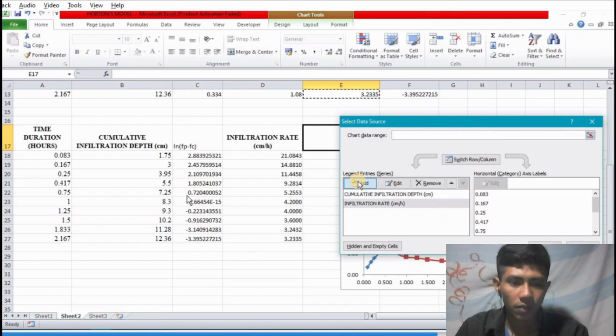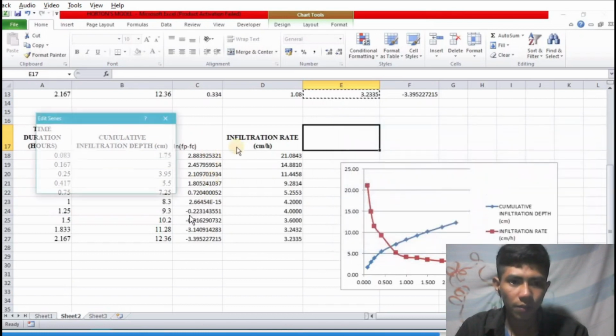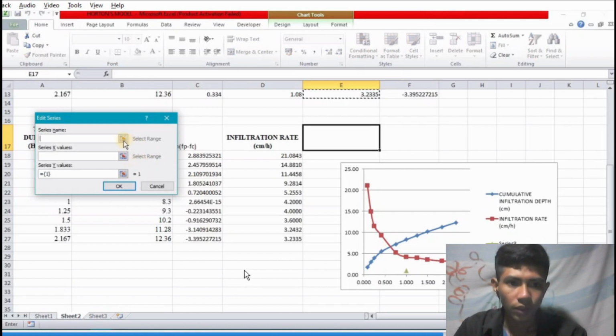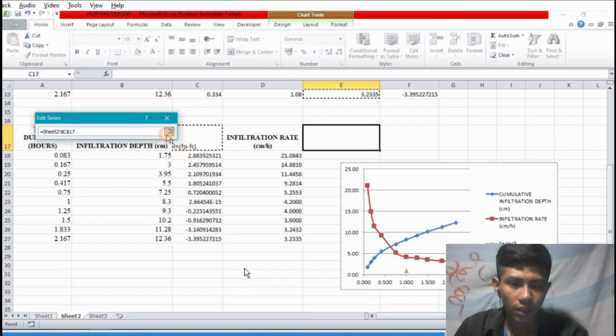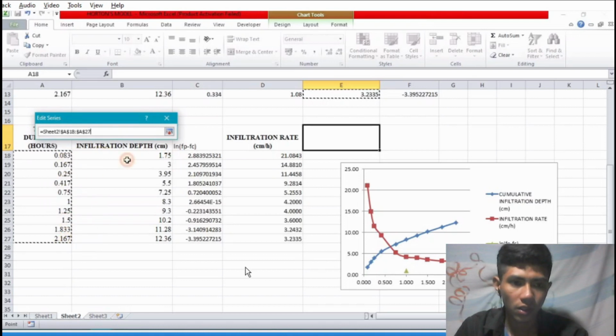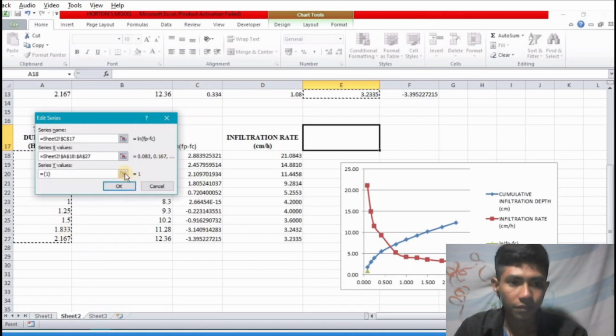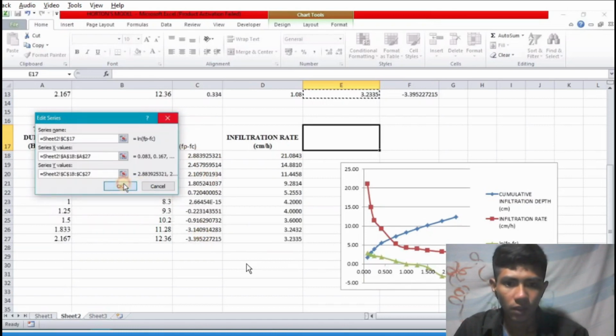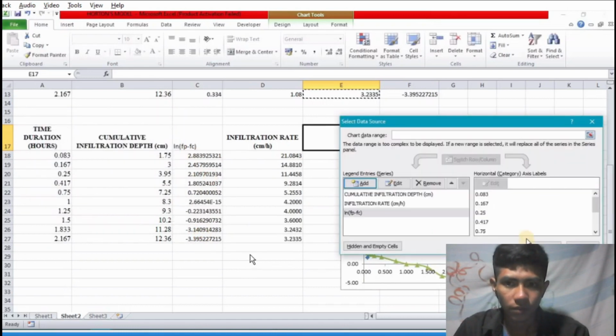Then add pa natin because we also need this ln fp minus fc. Series name, just click it. X values, the R's, the Y values. Okay, now that we get it right.